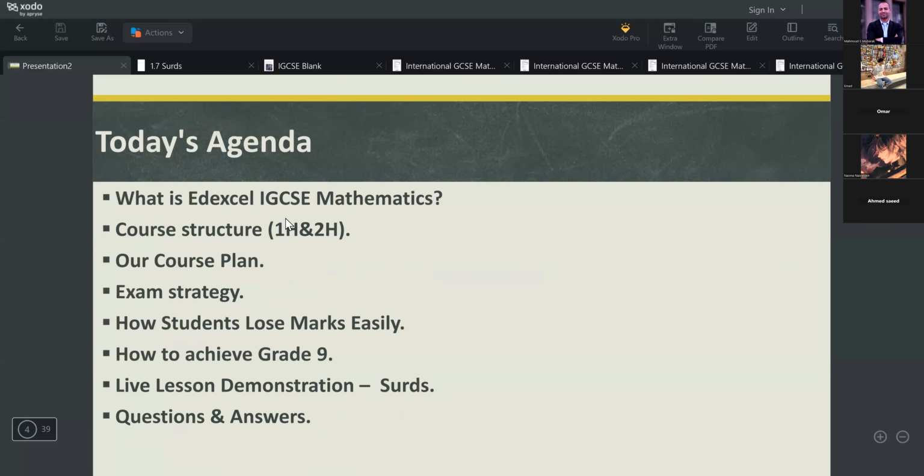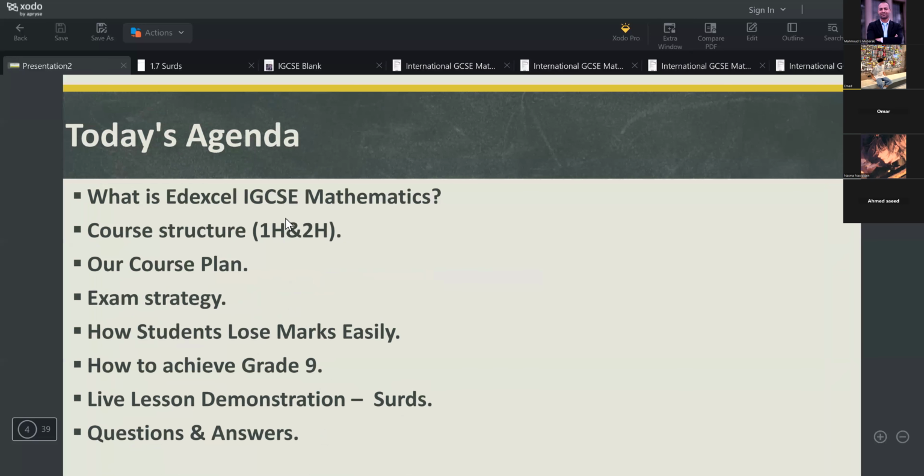Okay, our agenda today. What is Edexcel IGCSE Mathematics? Our course structures for Unit 1 and Unit 2, modular and linear. Modular is Unit 1 and Unit 2, and linear is Paper 1 and Paper 2.